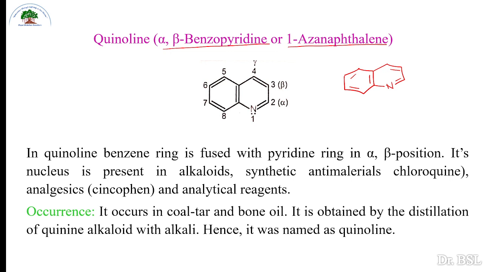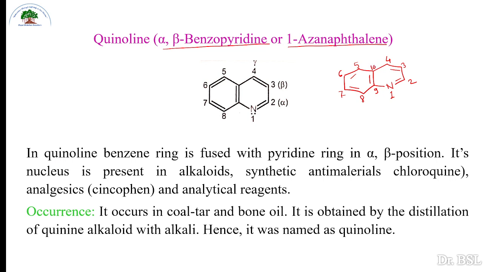And the numbering will be like this. Start from nitrogen. 1, 2, 3, 4, 5, 6, 7, 8. This will be 9 and 10.